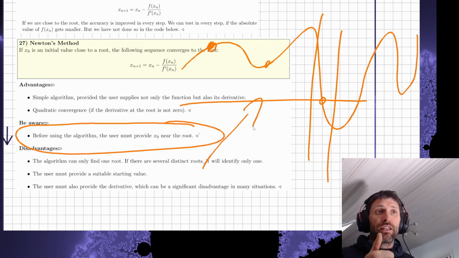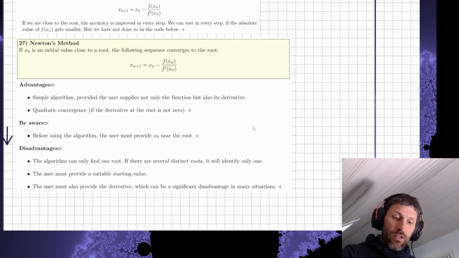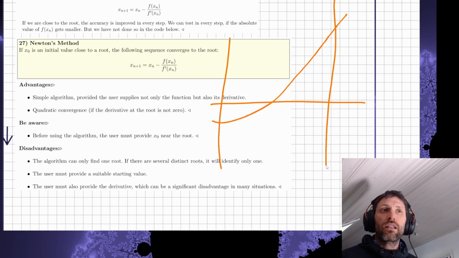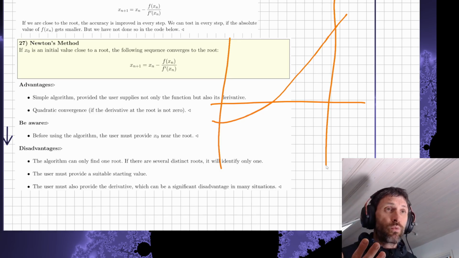We had this limitation for bisection, and now we have this limitation again for Newton's method. If the function is maybe of that kind, then it doesn't matter. You can use any point here on that interval and the convergence will be very fast. So for this kind of function, Newton's method is very good.